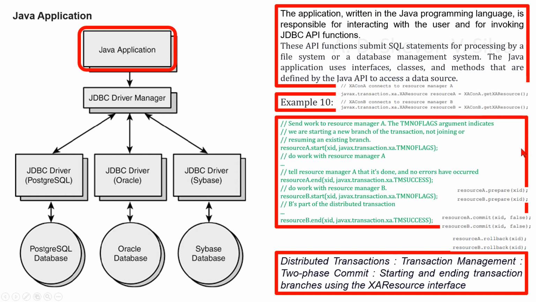Step 2, the application server passes XAResource objects to the transaction manager. The transaction manager does not access the associated XAConnection object directly.